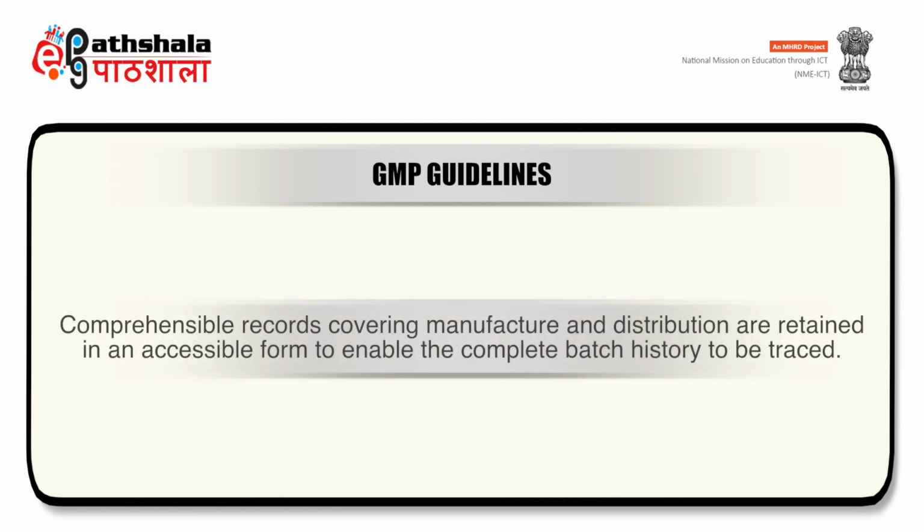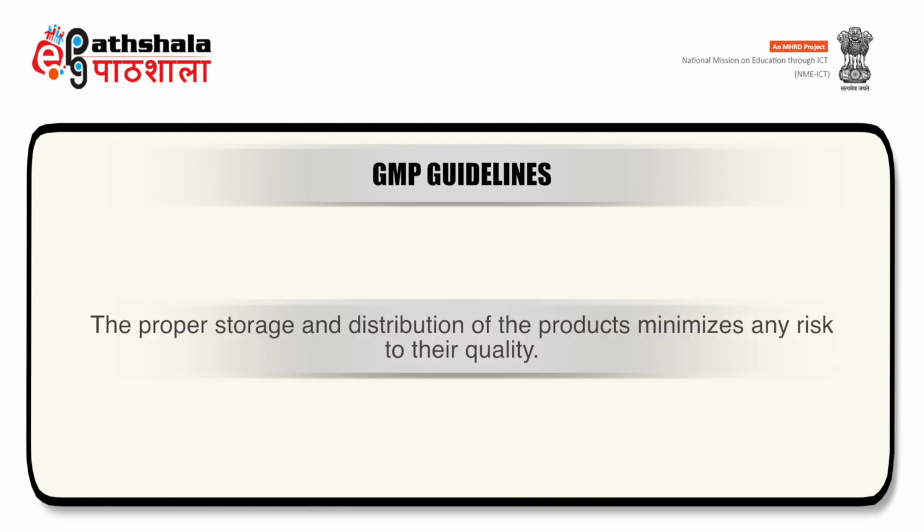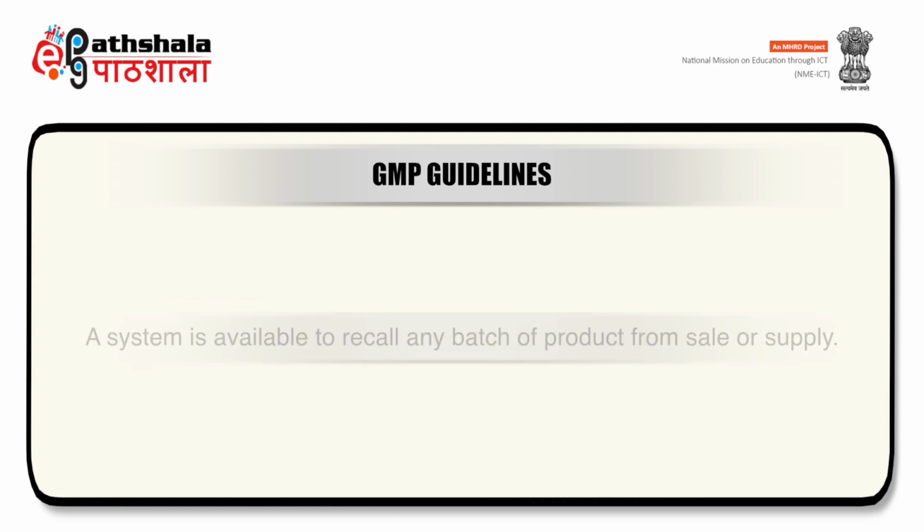Moreover, under GMP, comprehensible records covering manufacture and distribution are retained in an accessible form to enable the complete batch history to be traced. Under GMP, proper storage and distribution of the products minimizes any risk to their quality, and a system is available to recall any batch of product from sale or supply.